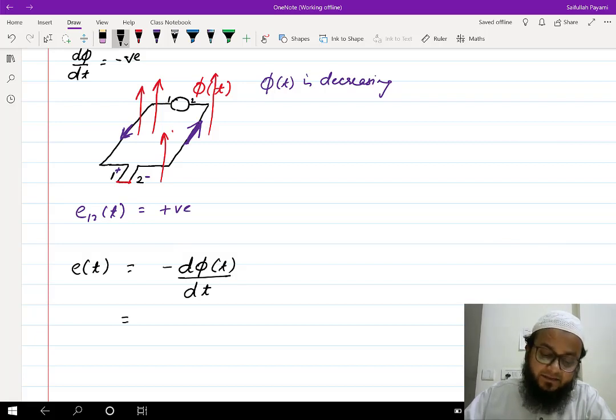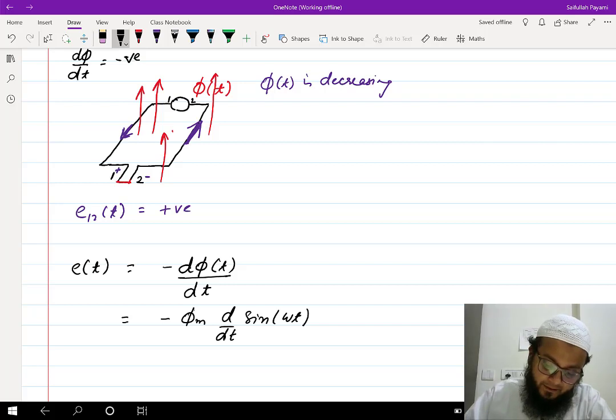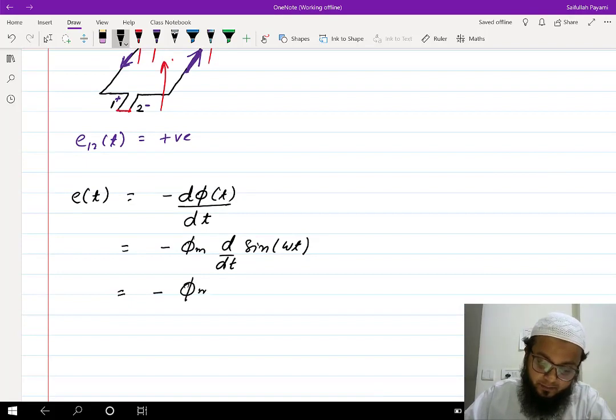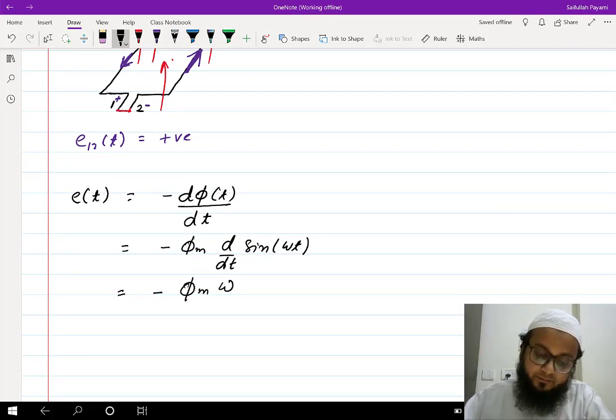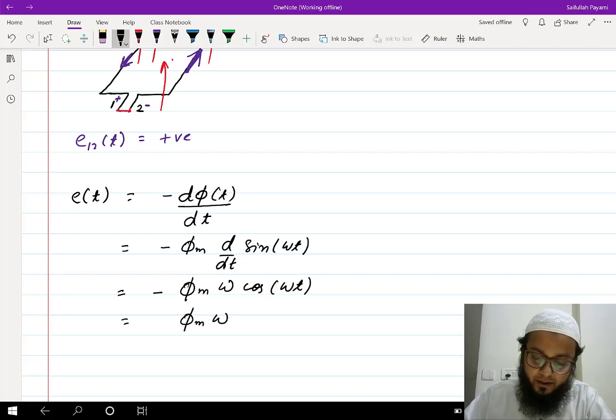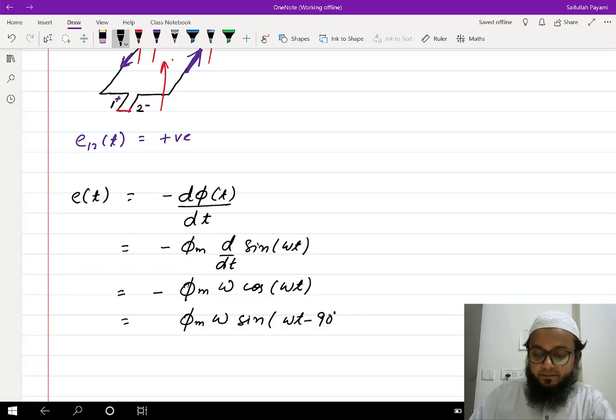Since phi t is phi m sin omega t, we can write this as minus phi m d by dt of sin omega t, which is equal to minus phi m omega cos omega t, and this is actually equal to phi m omega sin(omega t minus 90 degrees).